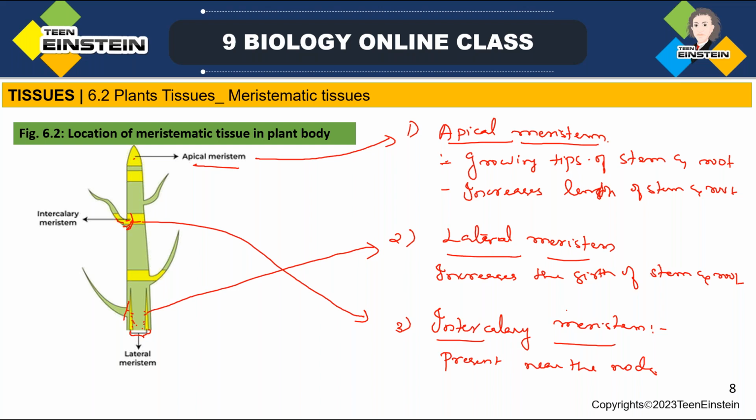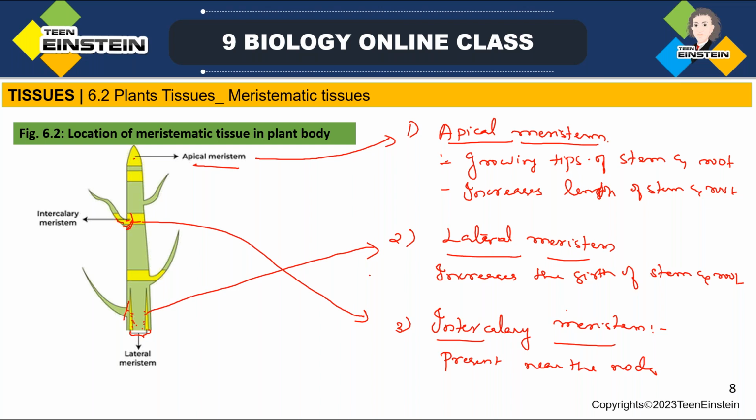So these are the different locations of meristematic tissue in the plant body: apical meristem, lateral meristem, and intercalary meristem. Apical meristem is present at the growing tips of stem and root and increases the length of stem and root.